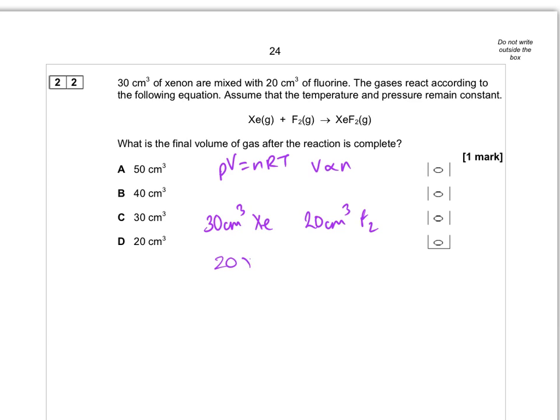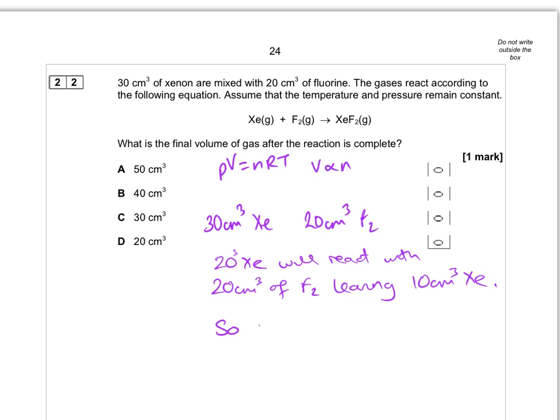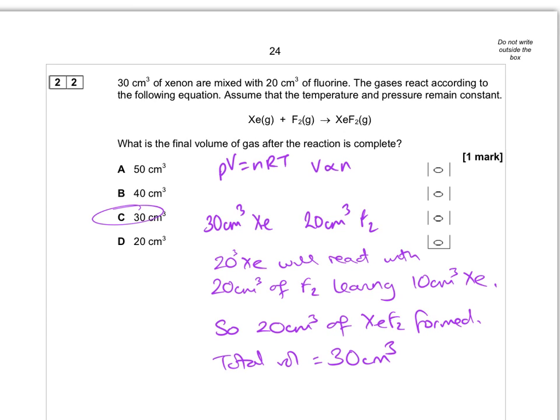So 20 centimetres cubed of xenon will react with 20 centimetres cubed of fluorine, leaving 10 centimetres cubed of xenon left over. Every time 1 centimetre cubed of xenon reacts, it's going to make 1 centimetre cubed of xenon fluoride. So we've got 20 centimetres cubed of xenon fluoride formed. So the total volume will be 30 centimetres cubed, which is answer C.